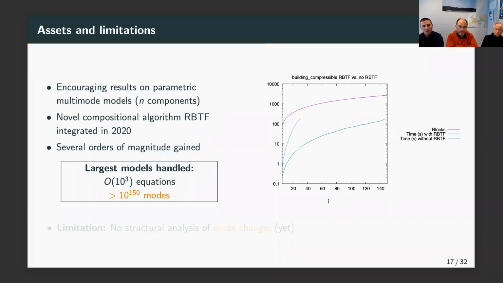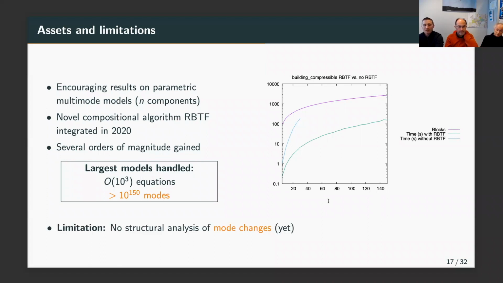And so the tool is currently able to perform the structural analysis of all modes at once for systems that have a few thousand equations for the moment, but we're still working hard on scaling up the algorithms. But even with these few thousand equations, we already handle more than 10 to the 150 modes at the same time, which would be intractable if we had to enumerate the modes in any way.